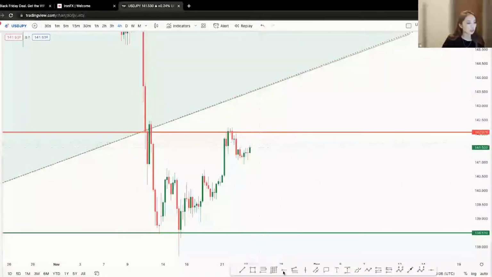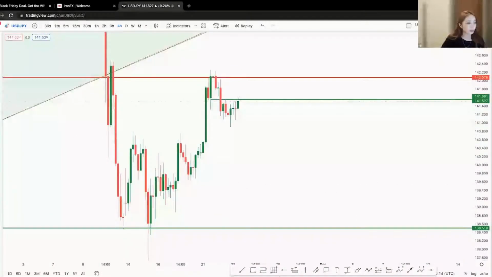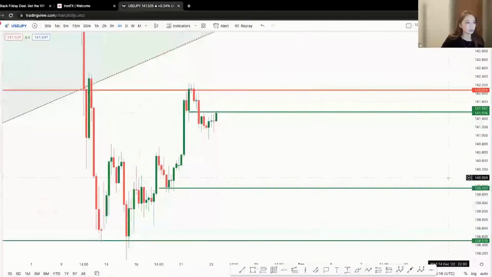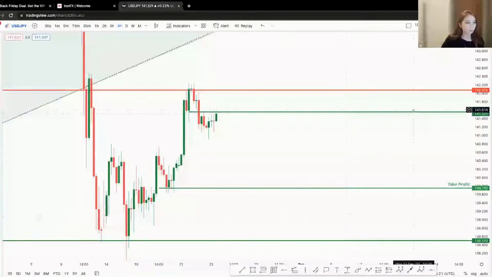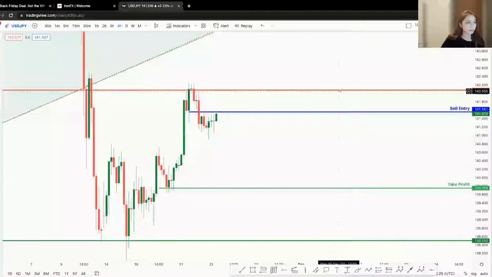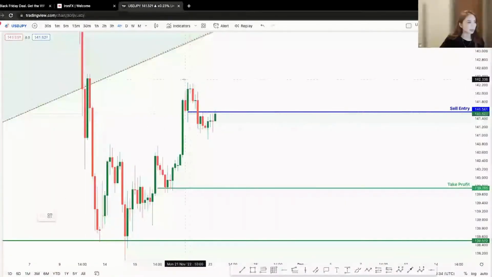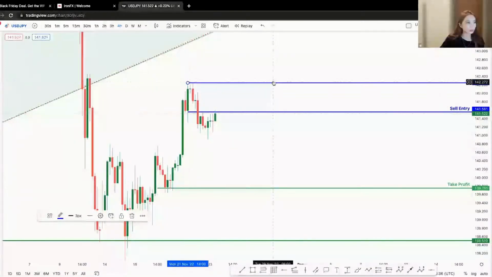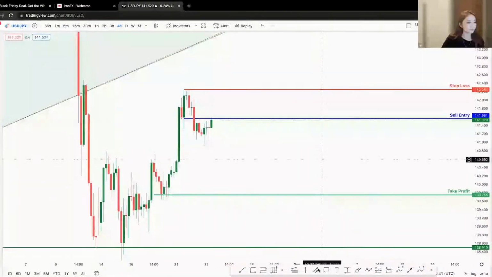I would much rather analyze this as a downward fall, placing a nearer take profit and a stop loss slightly above, just touching this level.